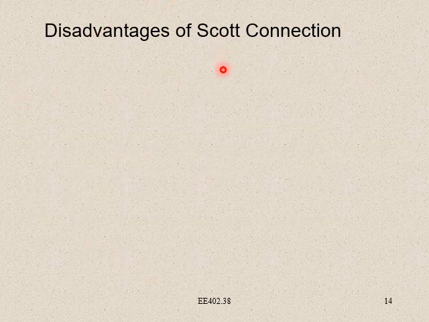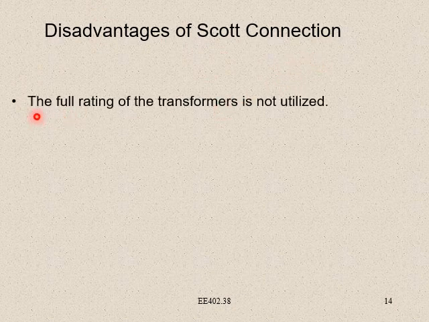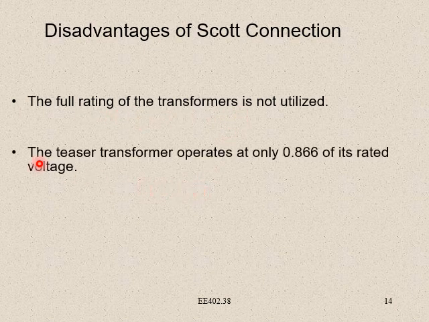Coming to the disadvantages of Scott connection, the full rating of the transformer is not utilized. Now the teaser transformer operates at only 0.866 of its rated voltage.